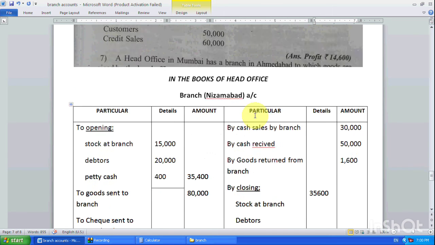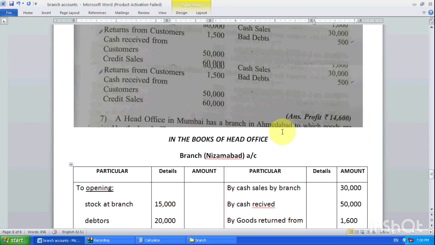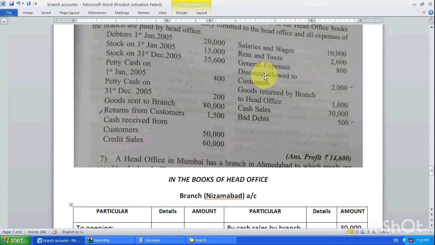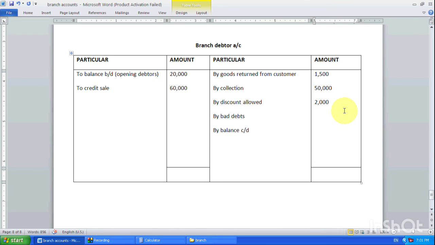So right here discount allowed 2,000, bad debts 500. Next, goods returned by branch and cash sale, they won't come here. The bad debts will come in this account, branch debtor account. 500 is the bad debts.